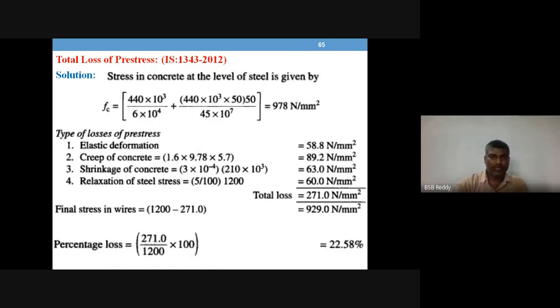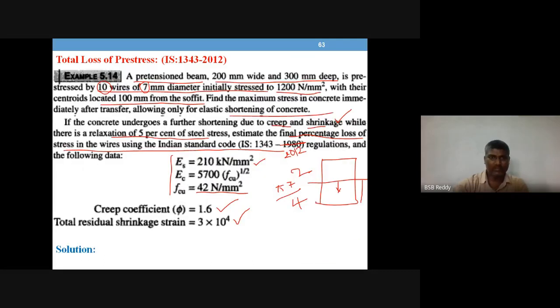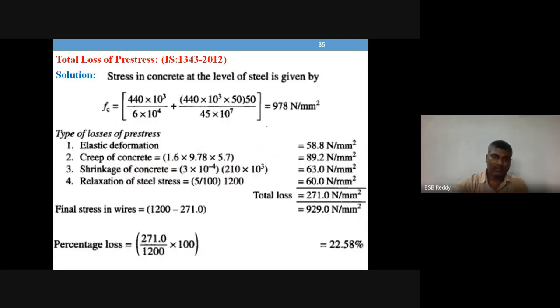Right. Now to find the remaining losses, you have to use this value of pre-stressing force. That is what is mentioned in the given question: if the concrete undergoes further shortening due to other aspects like creep, shrinkage, relaxation. So, okay. Right. So proceed for that.